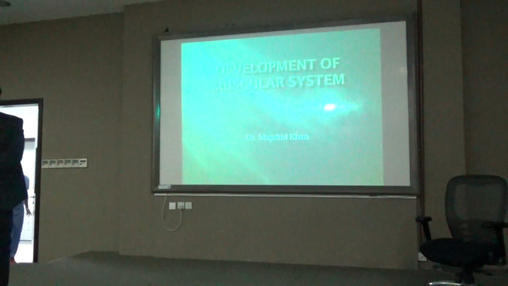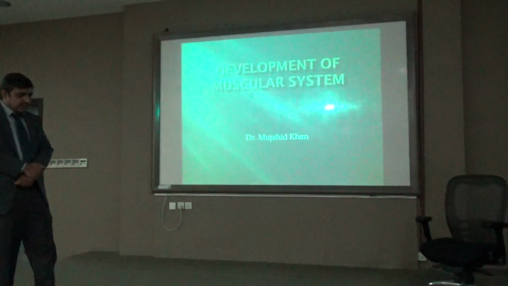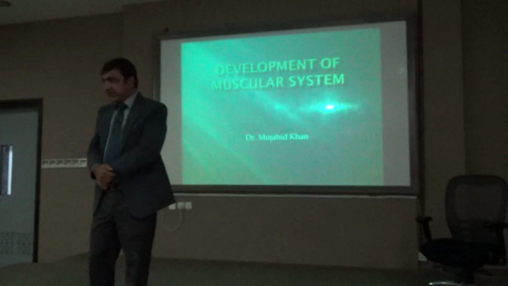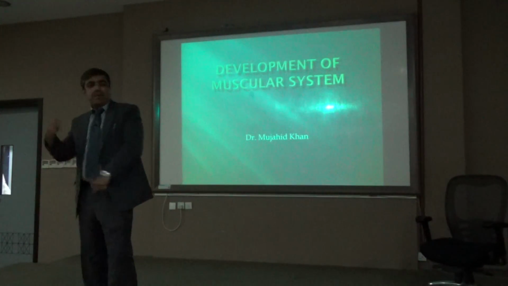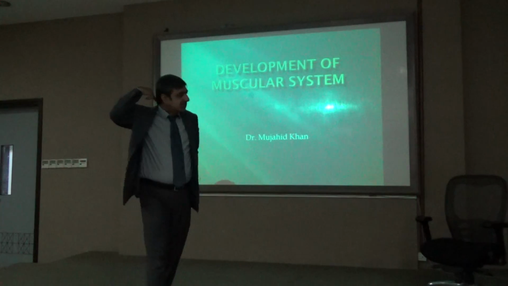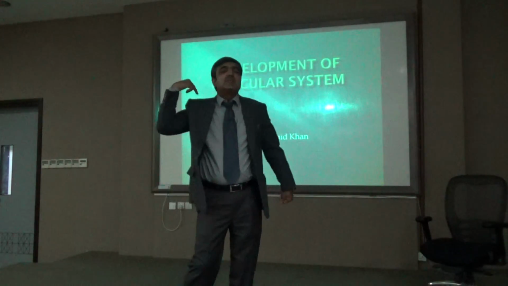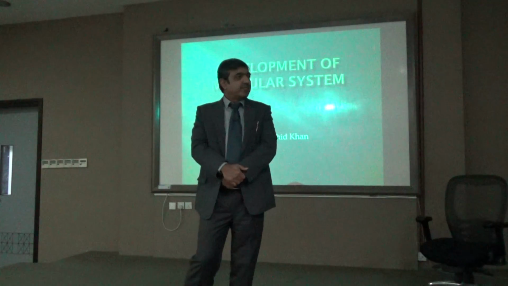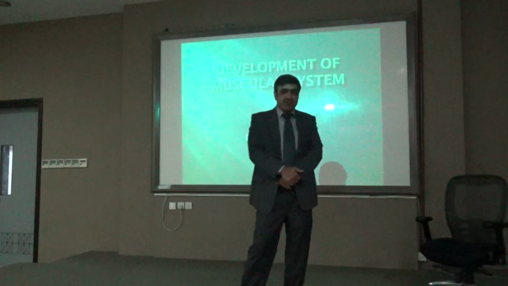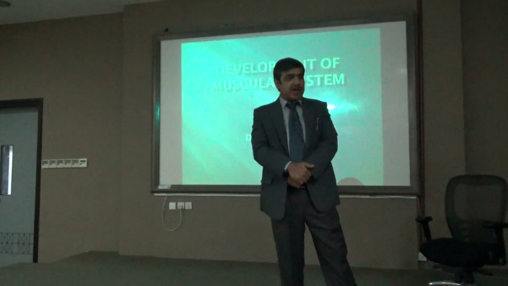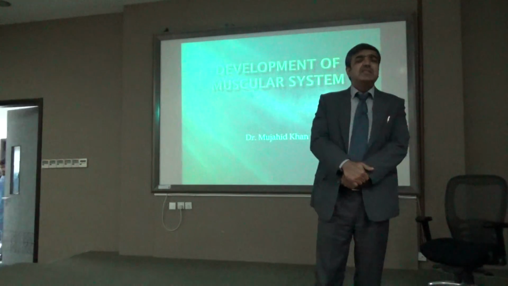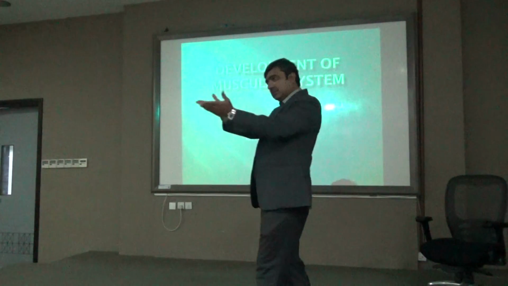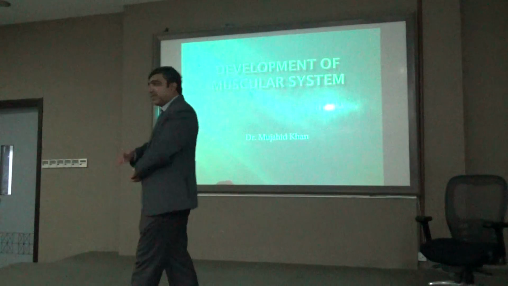You know, there are several nerves coming from the spinal cord, spinal nerves, right? These nerves are coming from the spinal cord, right? And where is the spinal cord? In the canal of the vertebral column, right?